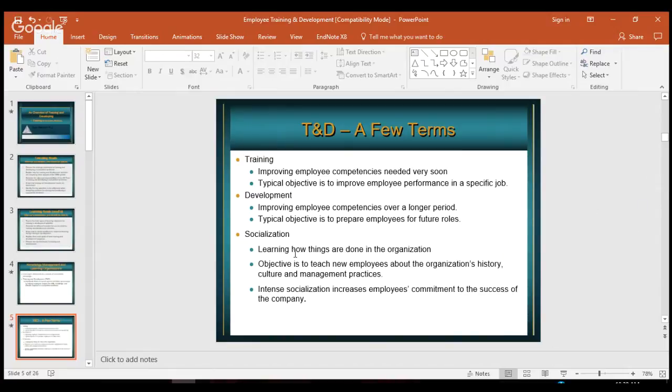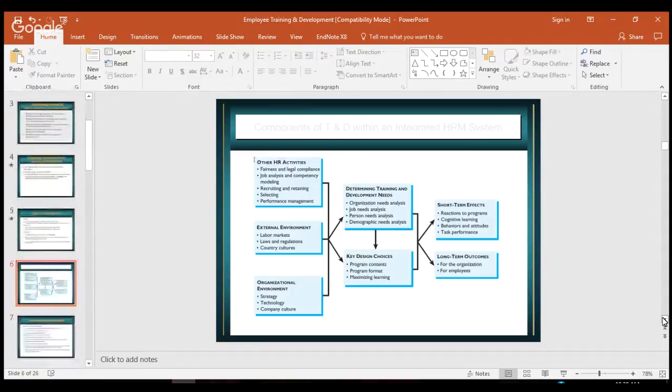We'll highlight the term socialization. That's where we're talking about learning how tasks are done in the organization, learning the culture, learning the people, and how generally employees get work done. The objective in this situation is to teach new employees about the organization's history, culture, and management practices.